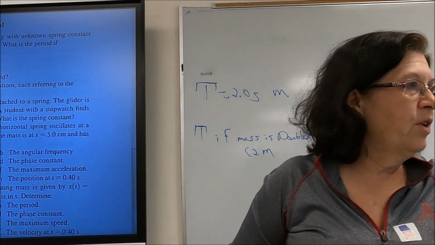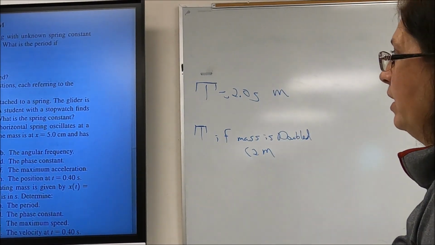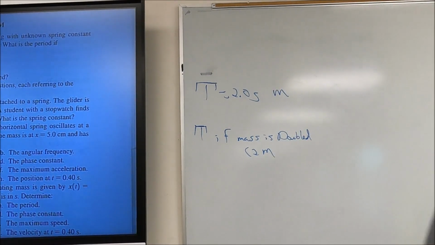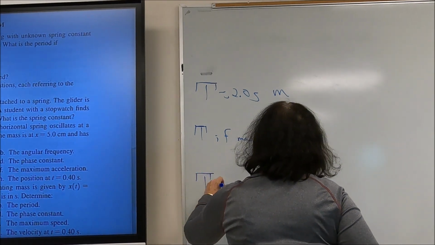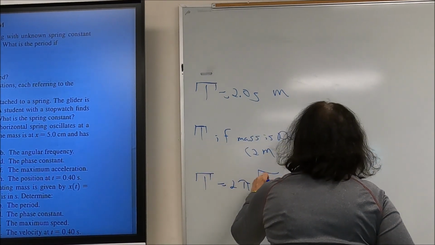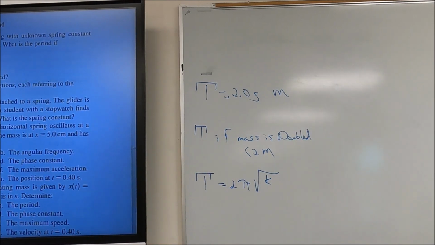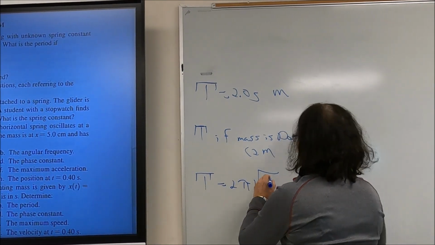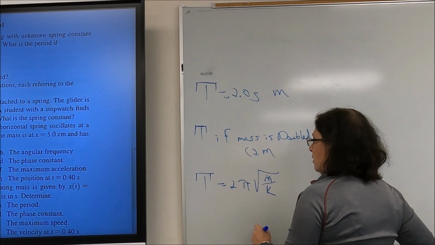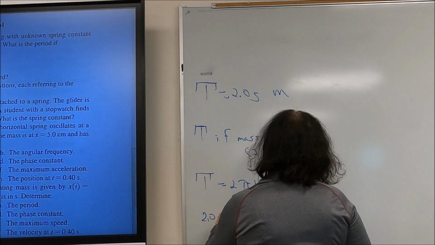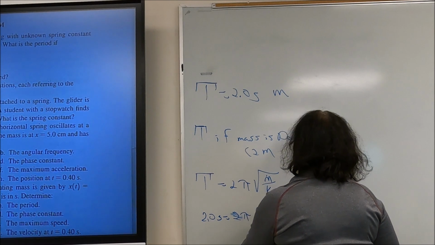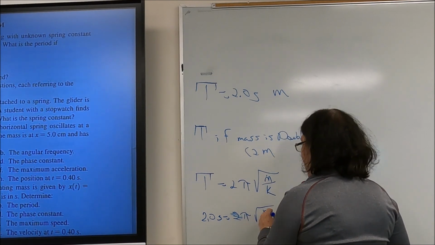Well, let's think about equations here for a second. Okay, we know that T is equal to 2 pi times the square root of m over k. So I have 2 seconds equals 2 pi times the square root of m over k, and now I've doubled m.